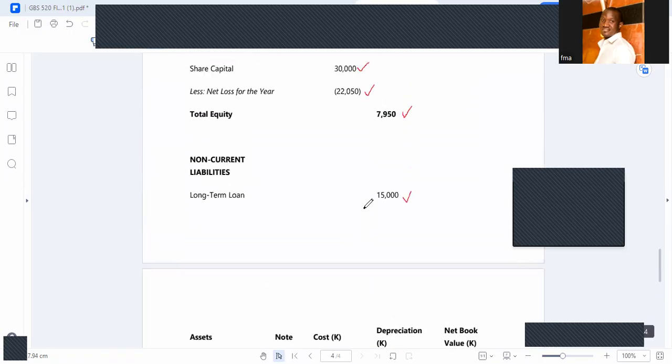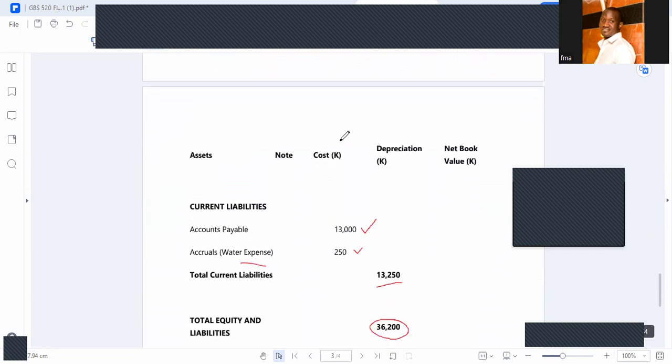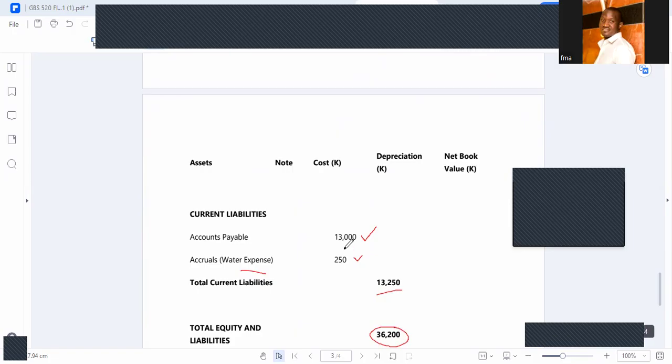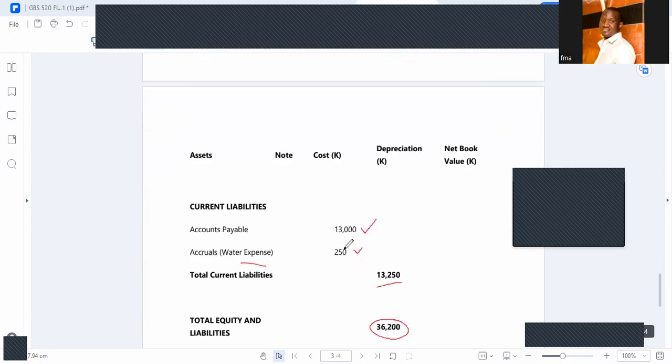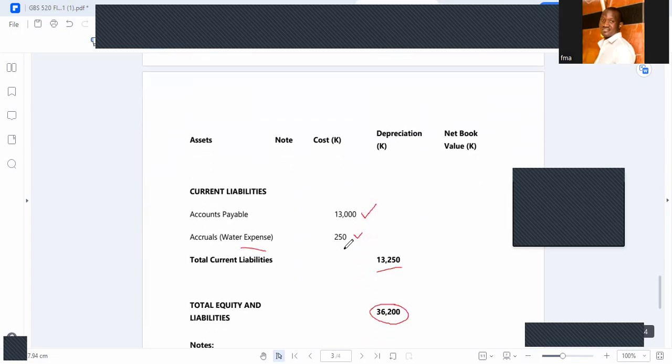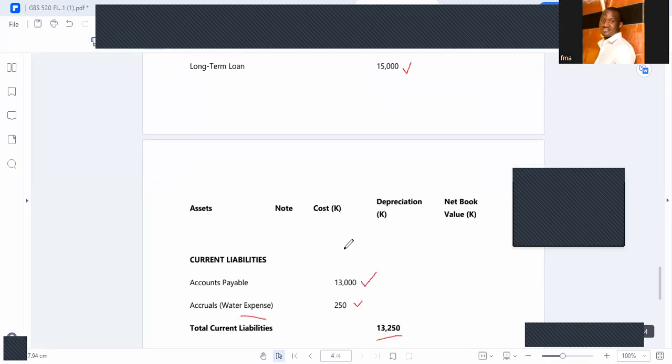36,200. So when you add this, 13,250 plus 15,000, this is about 28,250.